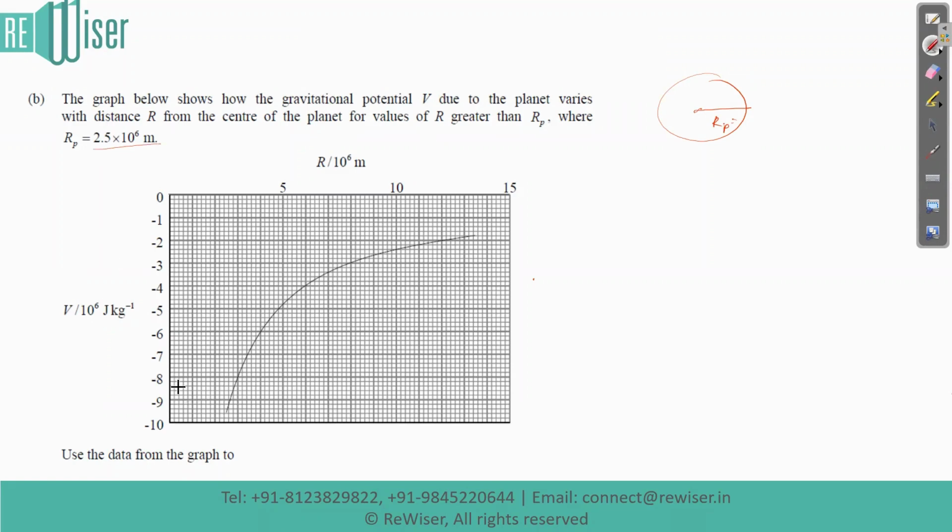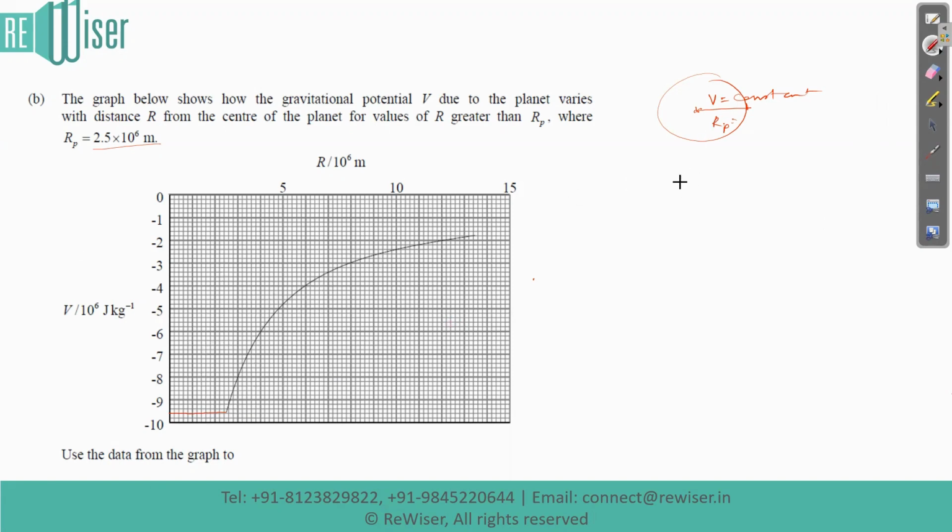And we know that from the core to this point, the potential remains constant, and then it starts varying. So V is constant, and as you can see, it is around this much.